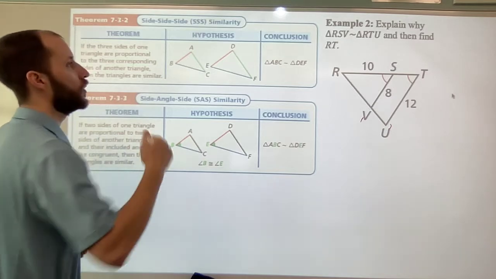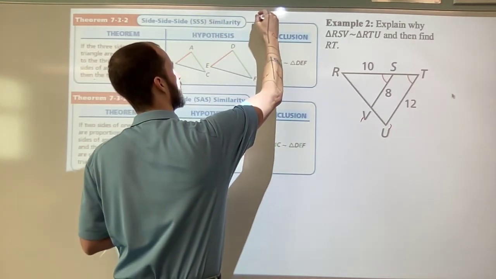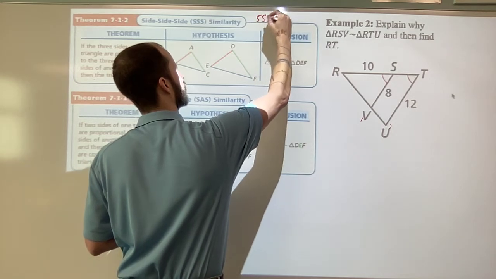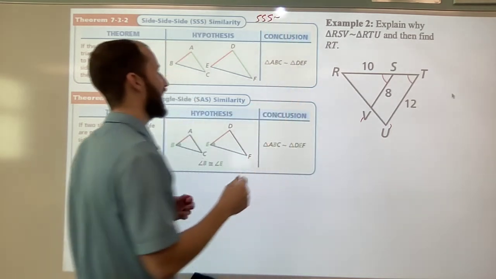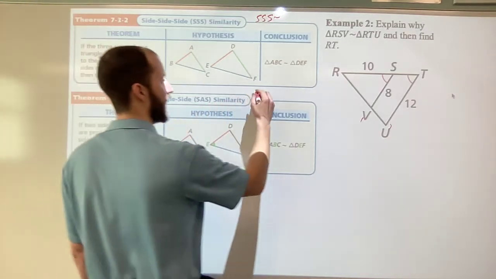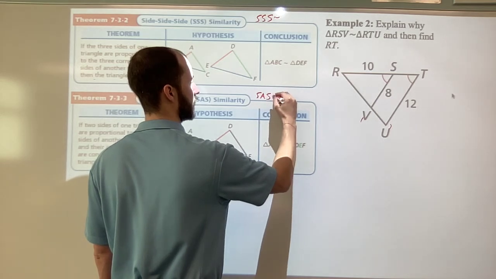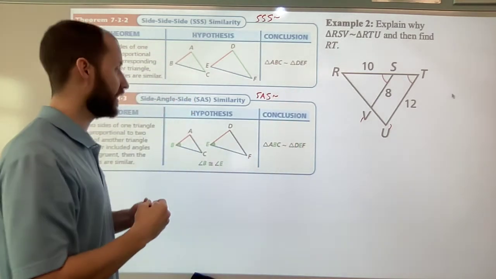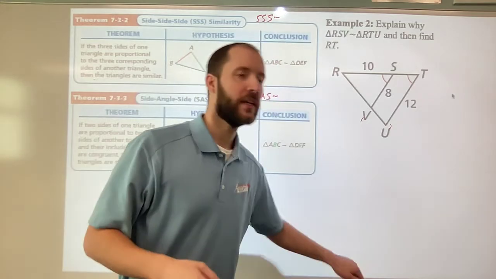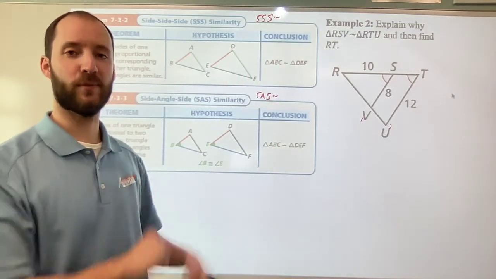So we'll use SSS, side-side-side, and then just add the tilde afterwards. And side-angle-side, or SAS, and then the tilde afterwards, to distinguish between the congruency and the similarity.